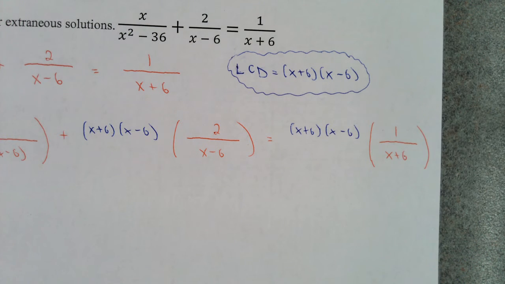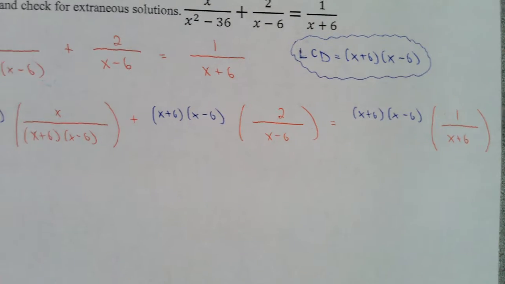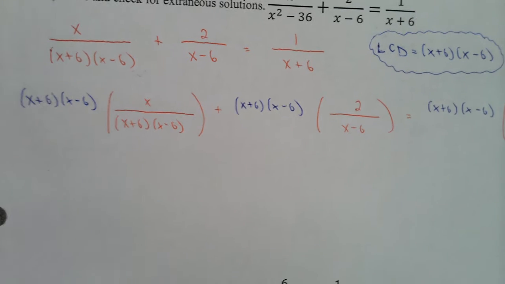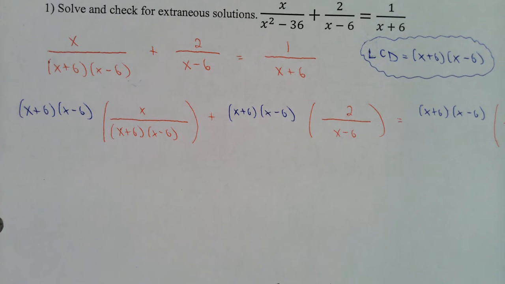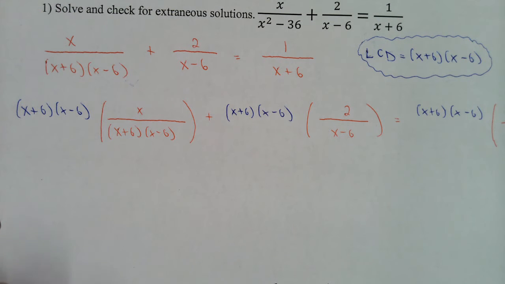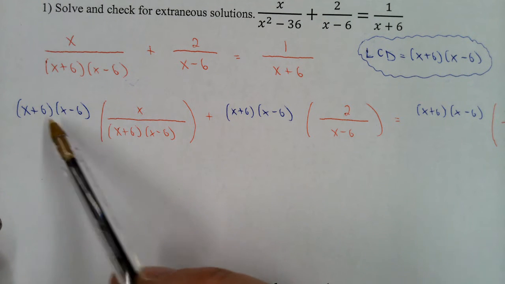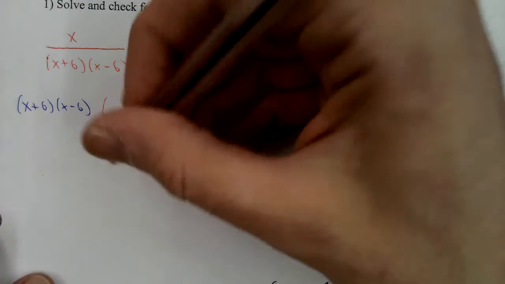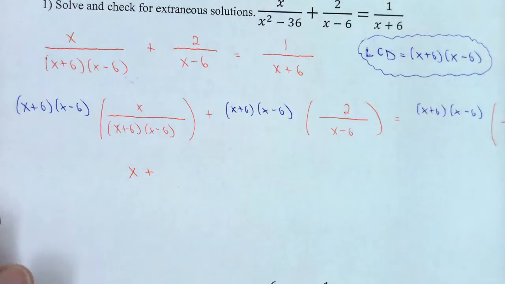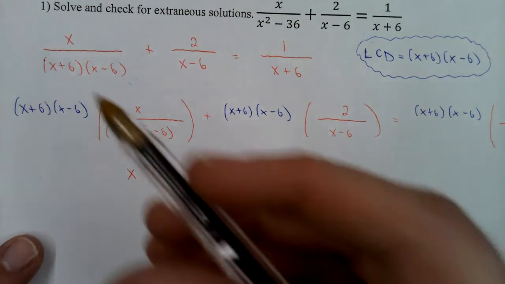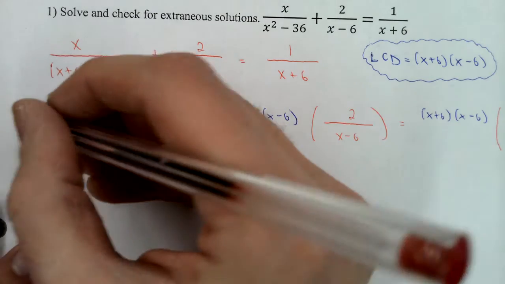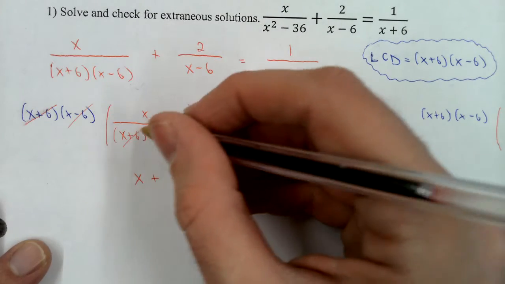All right, so we have a lot going on here. The good news is that a lot of stuff is going to multiply out, and there should be no more fractions. That was the whole point of doing all that. So for my first term, the x plus 6 and the x minus 6 divide out, and you have just x left over, plus, okay, so if you're confused, I'm just crossing out the common factors.